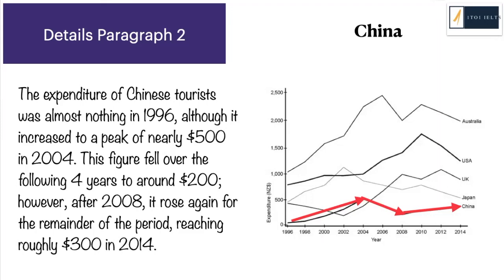What I would like you to note about this section of the second details paragraph is the way I have varied my language when talking about my subject. The first time I mention the subject, I say the expenditure of Chinese tourists. The next time I refer to my subject as it.